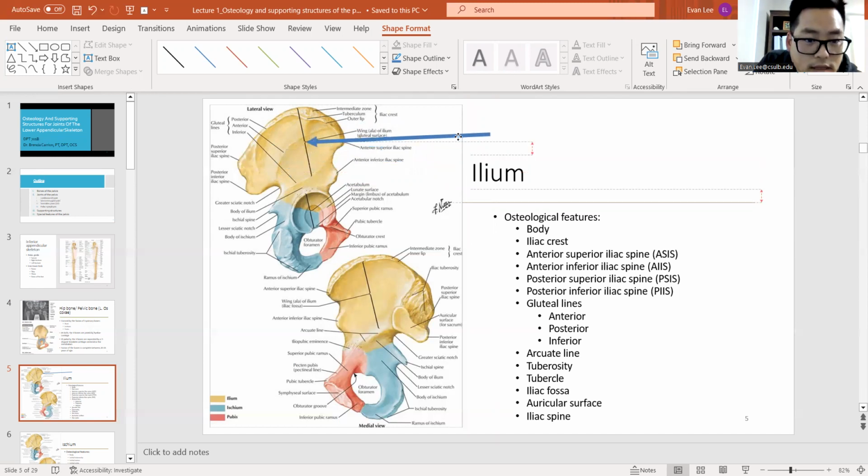So the anterior gluteal line, that's going to be this pretty big one. And then the posterior gluteal line back here, it's actually going to kind of go along the iliac crest, but then stop about 2/3 the way down over here. This is going to be the posterior gluteal line.